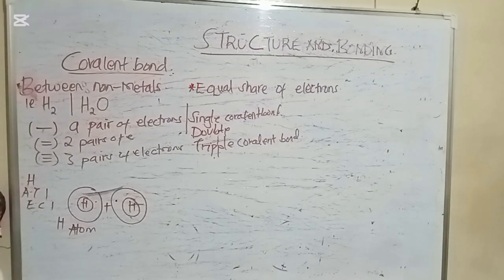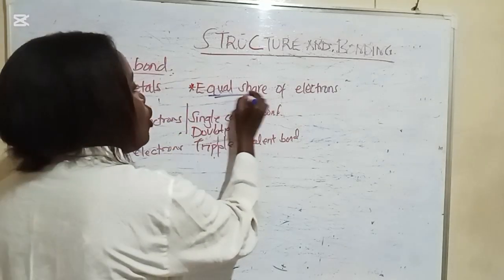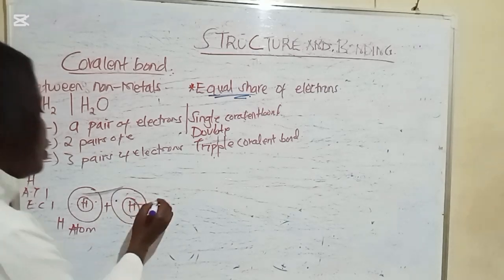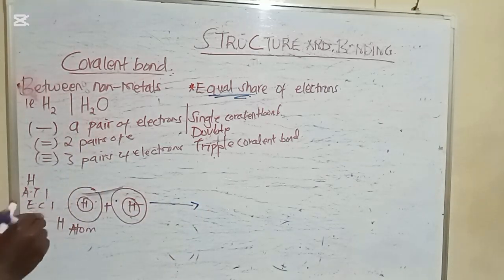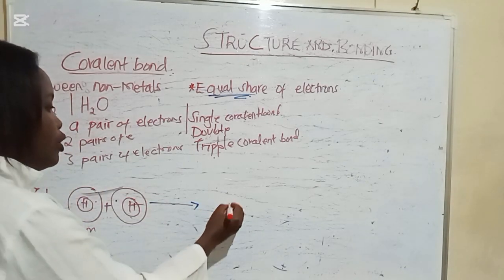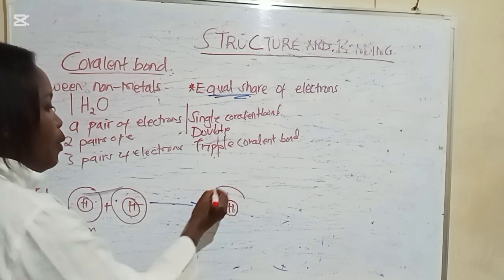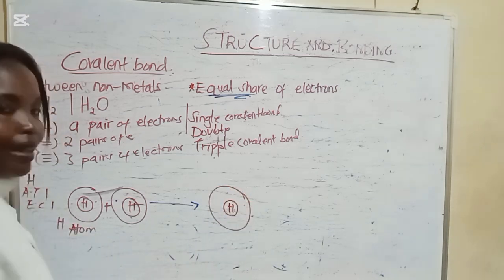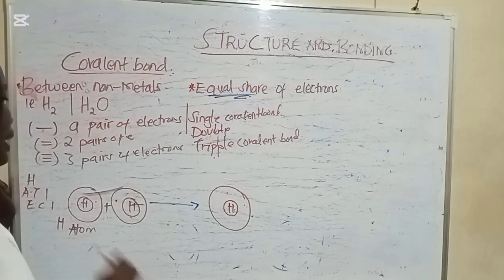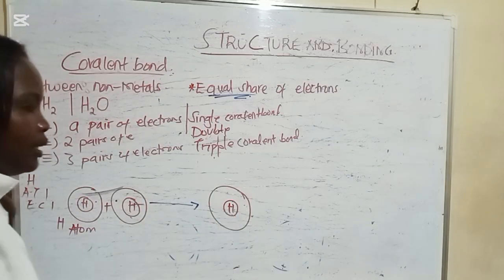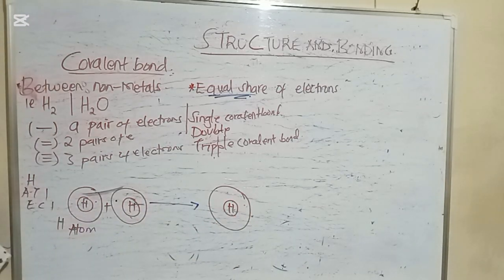And remember, we said here we have equal share of electrons. So what is going to happen here? You're going to have one hydrogen atom there sharing its one electron with this other hydrogen atom.